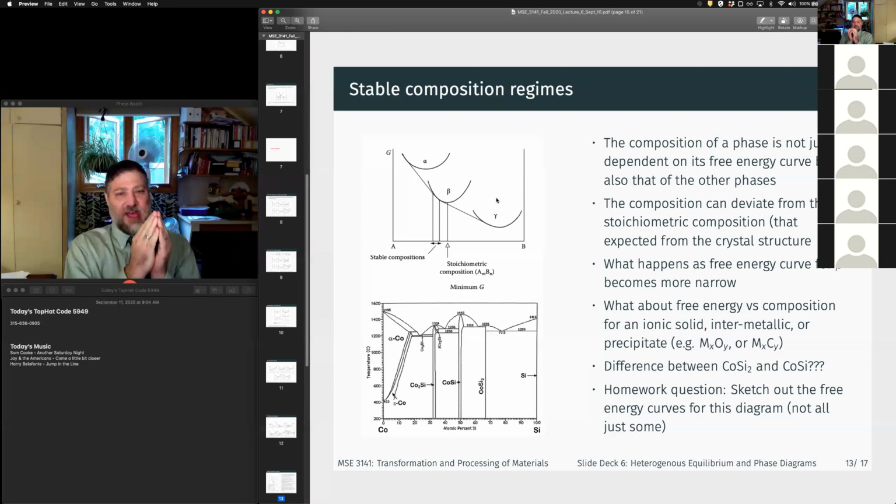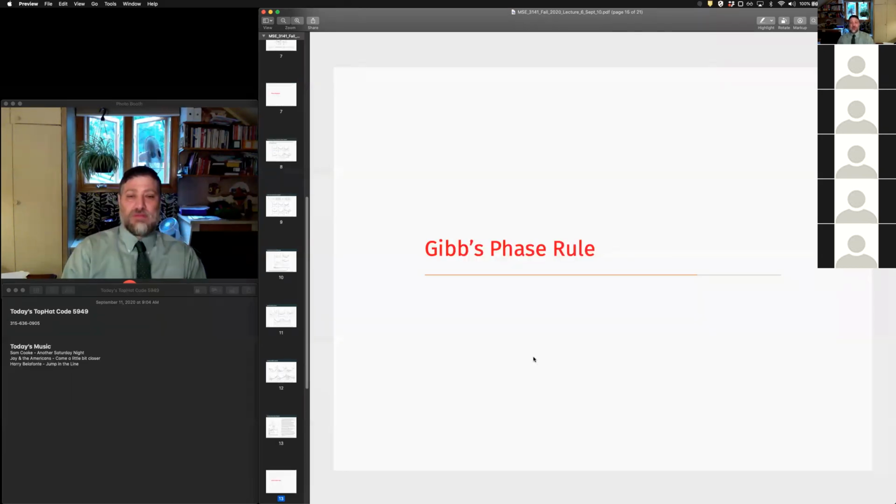So the system really doesn't want to be at any composition other than the stoichiometric composition. So the more ionic the bonds, the narrower this 2-phase region is on the phase diagram. And that has to do completely with the shape of these free energy curves, right? The deeper these parabolas, the narrower the span of composition that you're going to get, right?